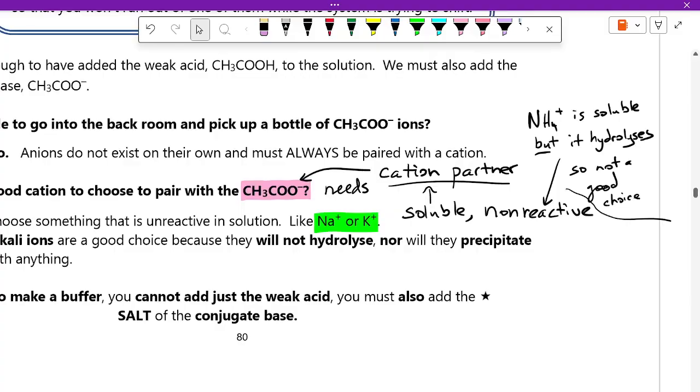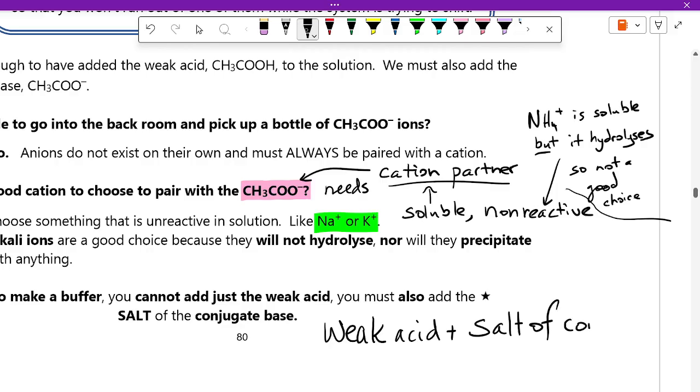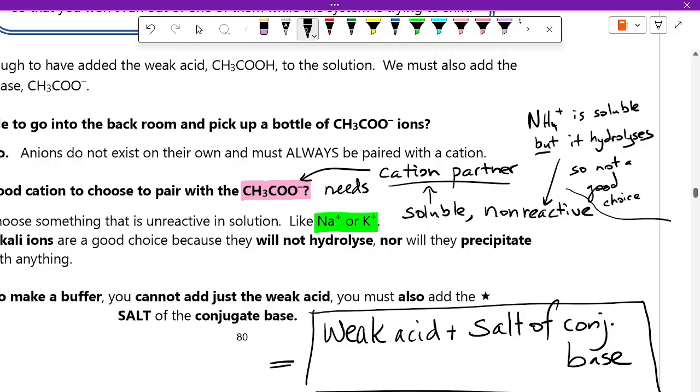So to make a buffer, you must have the weak acid plus the salt of the conjugate base. And that is how you get a buffer.